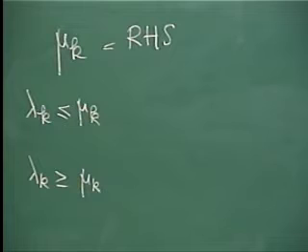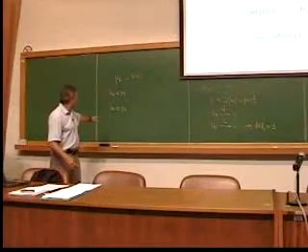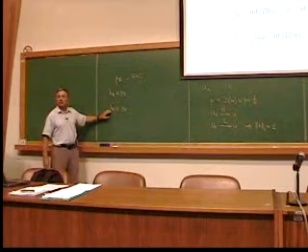Okay, so how do you do this? This one is easy. You just have to take the k-dimensional space generated by the first k eigenfunctions. You just plug this in, and you have this inequality right away.